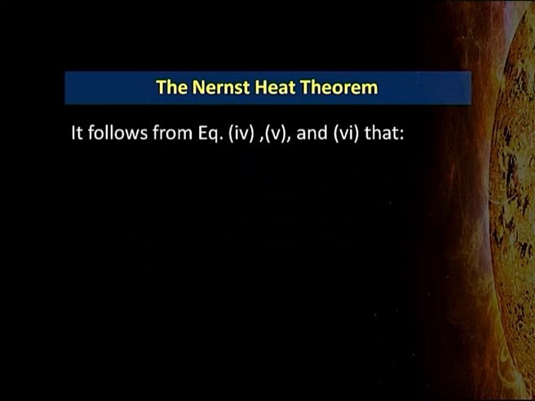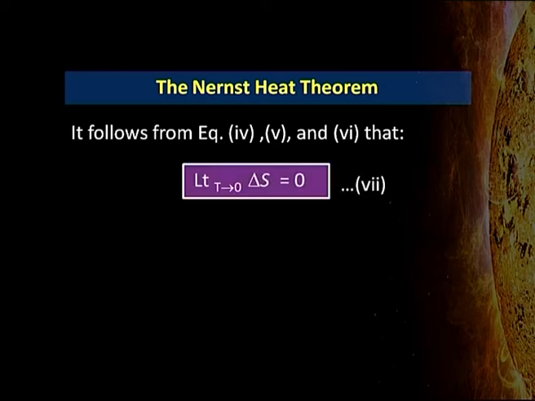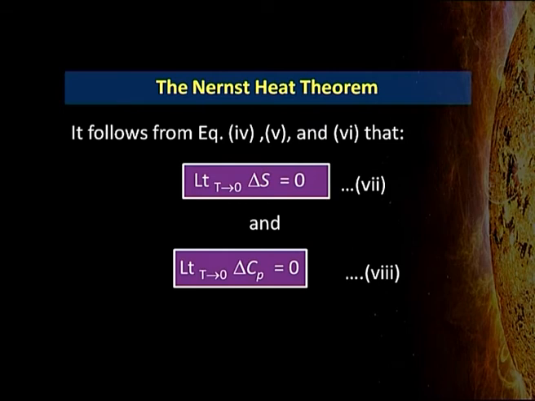From equations 4, 5 and 6, it follows that the limit of delta S when T tends towards 0 is equal to 0. This is our equation number 7, and the limit of delta Cp when T tends towards 0 is also equal to 0, and this is our equation number 8.